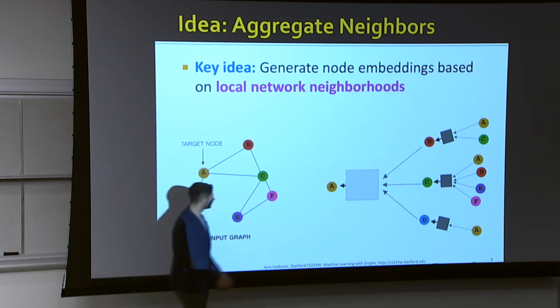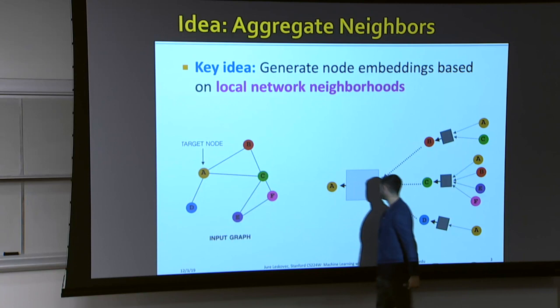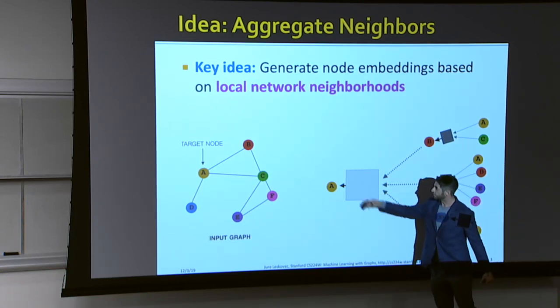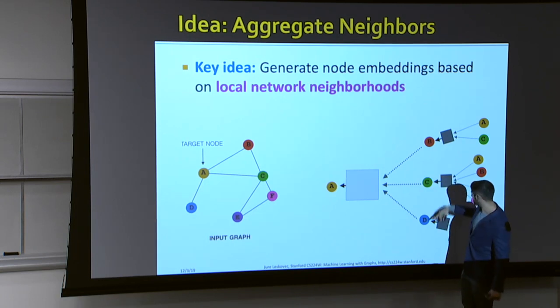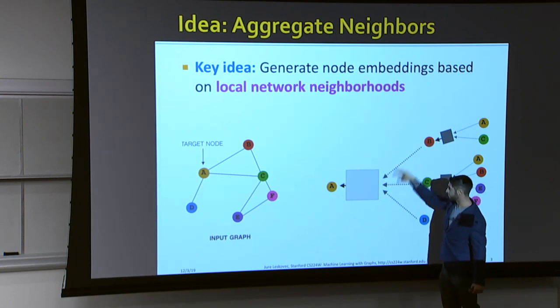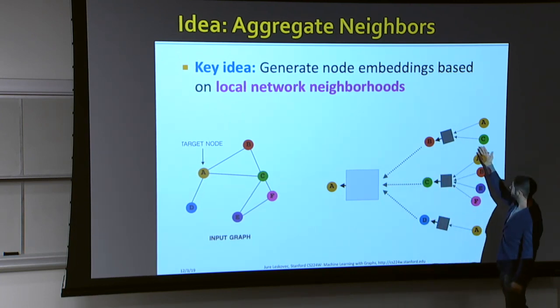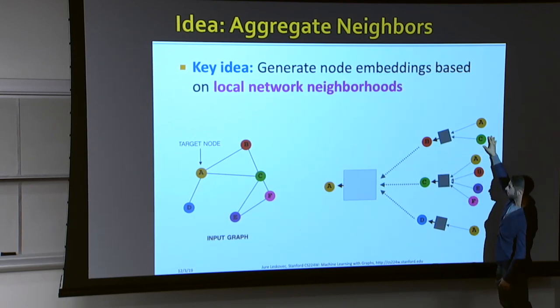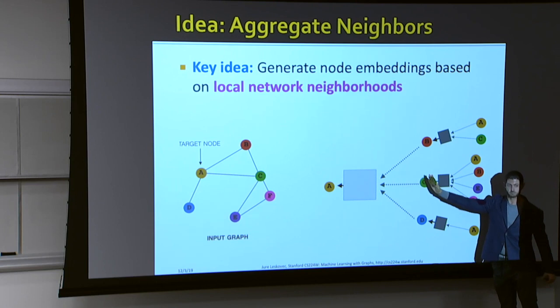So the idea is that we move from this graph representation to something that we call the computation graph. So we say, okay, what are the neighbors of A, B, C, and D? And then these three neighbors will pass messages over A. So they will pass their features, their information, their topological structure. And same we are going to be doing for B, C, and D. So we take these nodes and we aggregate over their neighbors, and we pass these messages all the way through.